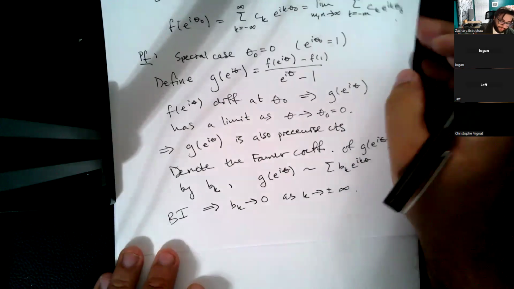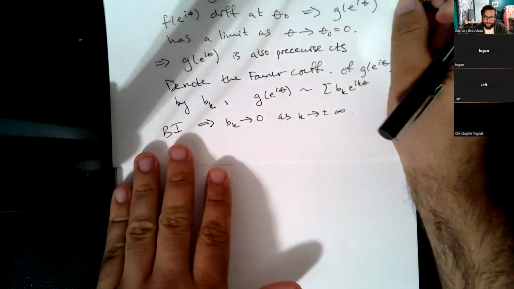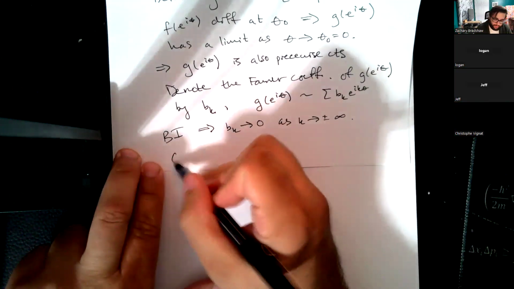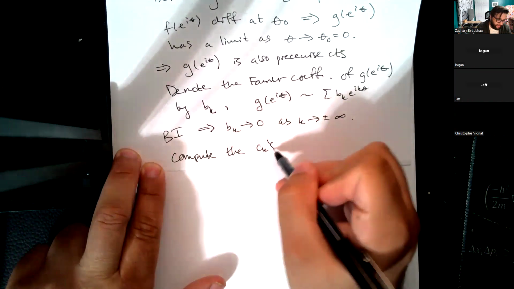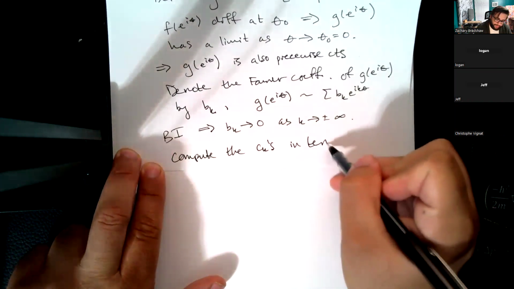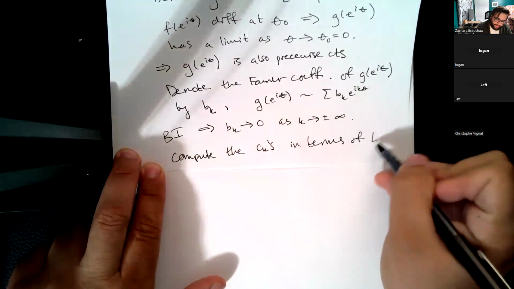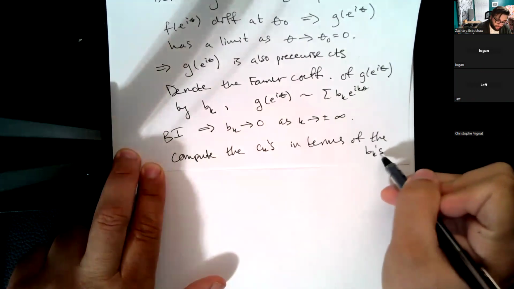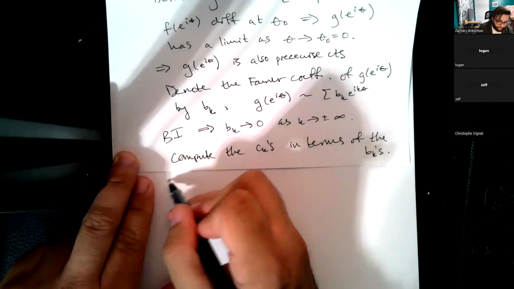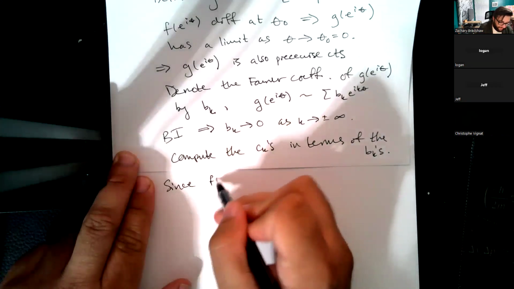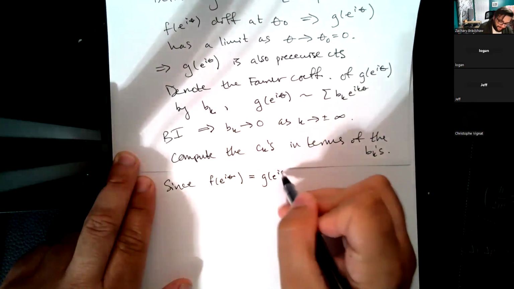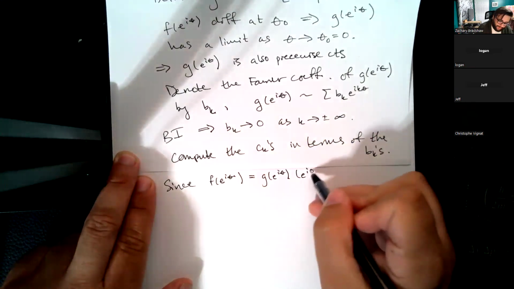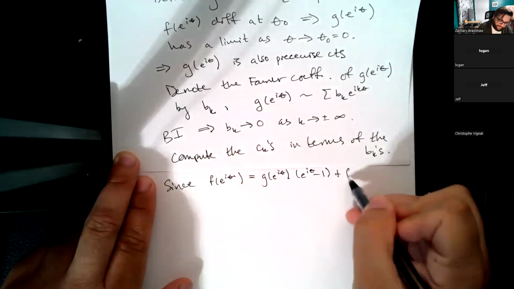Now we can compute the ck's in terms of the bk's. How do we do that? Well, since f of e to the I theta equals g of e to the I theta times e to the I theta minus 1 plus f of 1.